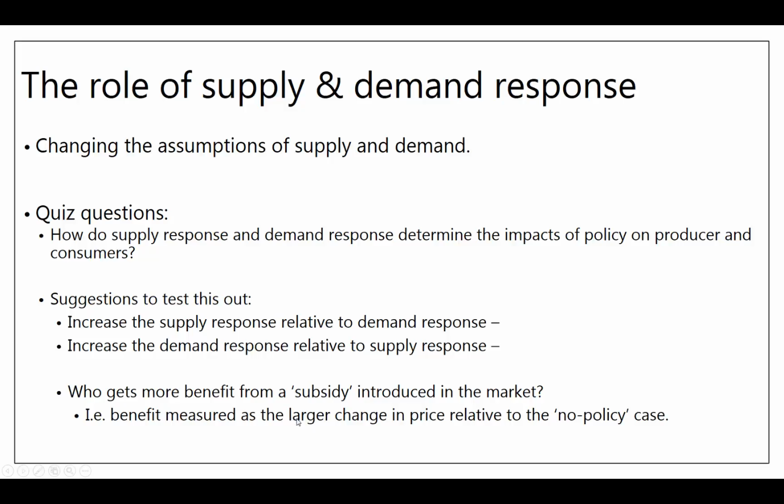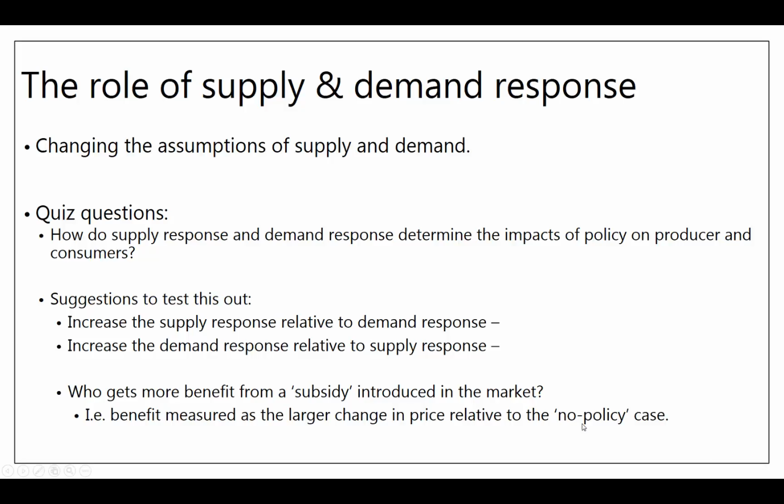Well, the easiest way to play with that is to think about, compared to the base case or the no policy case, whose price goes up more if it's a producer, or down more if it's a consumer? Who's getting more of that gain, right? But you have to keep in mind that they view improvement in different directions.